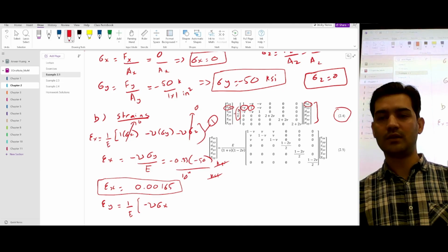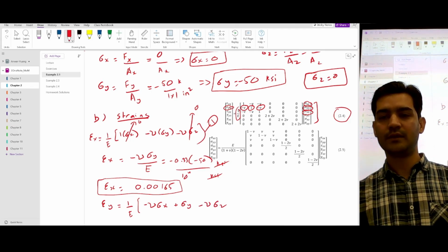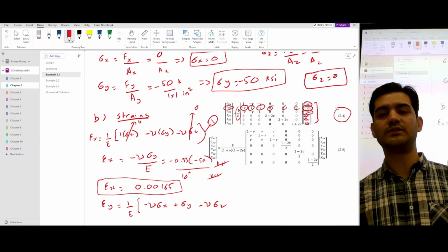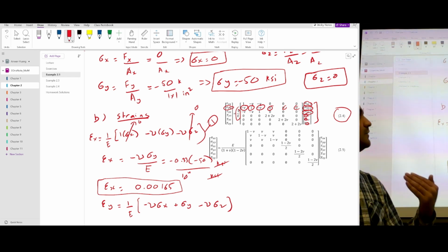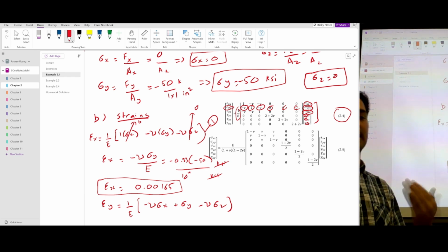And then this value will be multiplied with this value, which is plus stress y. And then this value will multiply with this value, which is negative Poisson ratio times stress z. And then the remaining terms multiplied by 0 give 0, 0, 0. So that's what we will get for the value of strain along the y direction.